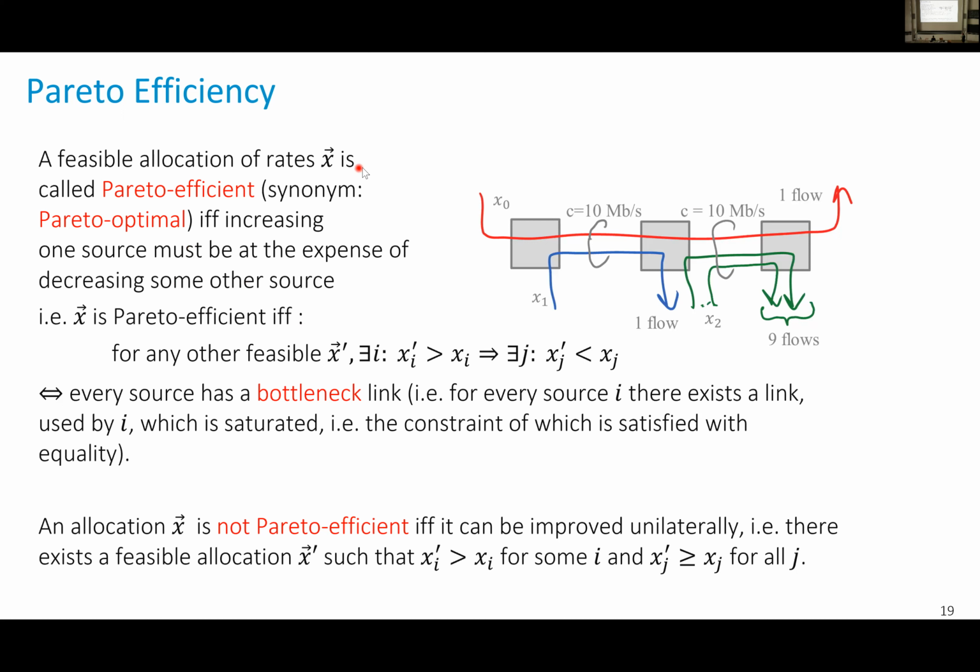So an allocation here is the value of the x here. My vector x is Pareto efficient if for any other allocation, if I unilaterally increase one of the resources, I must decrease one of the others. So if we're not Pareto efficient, that means you can increase unilaterally one of the resources.